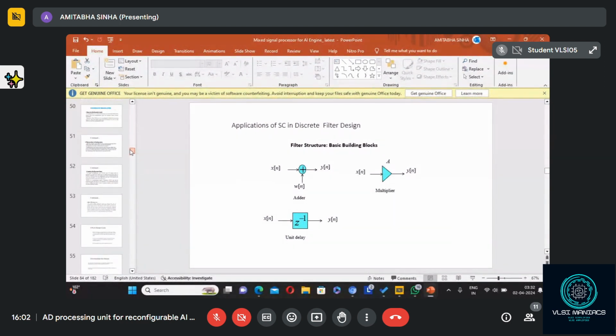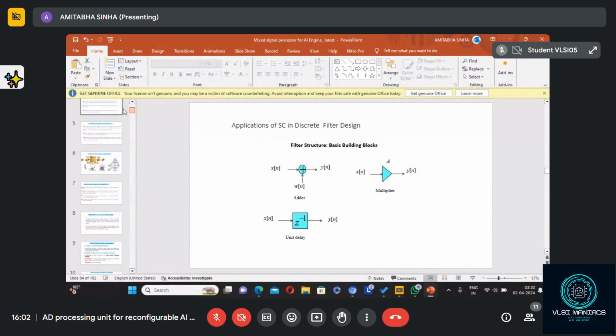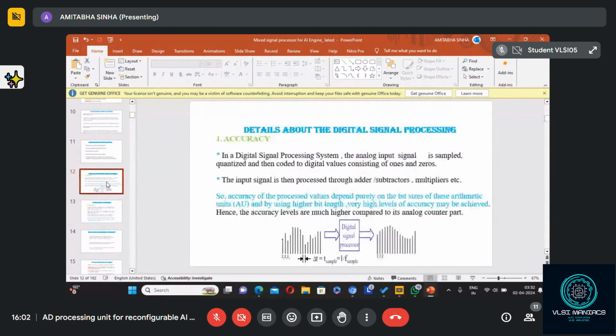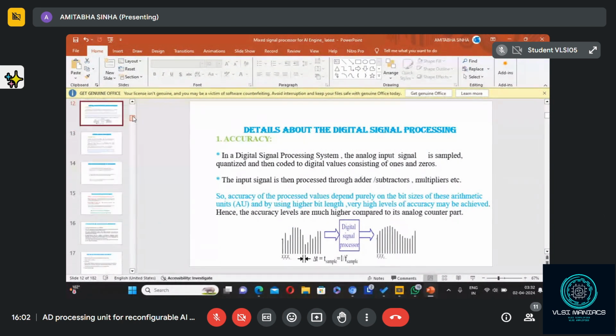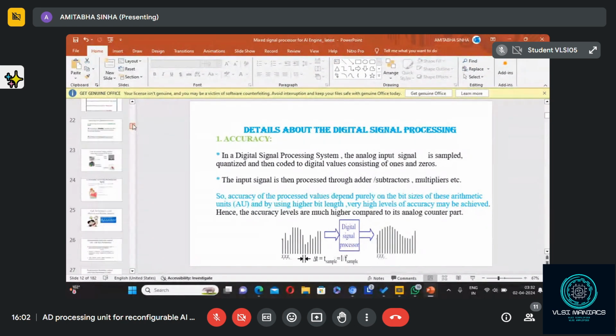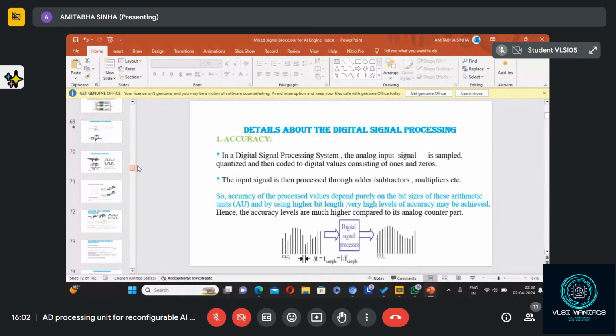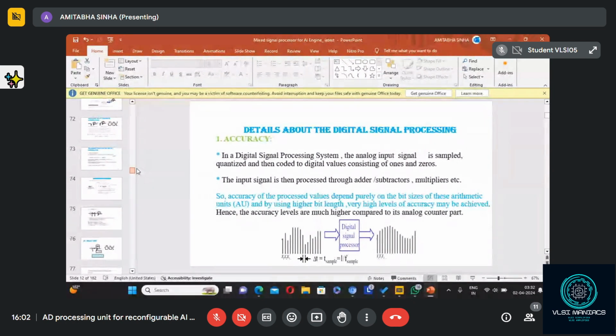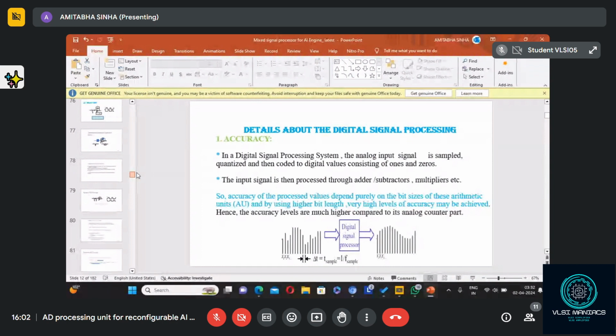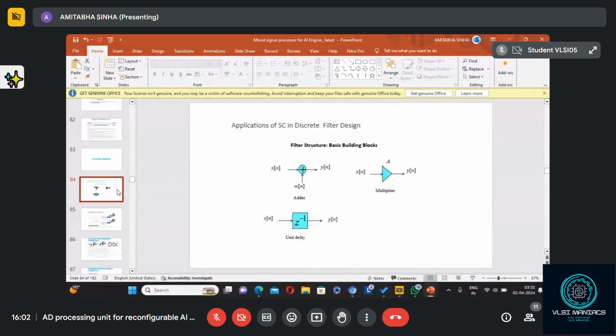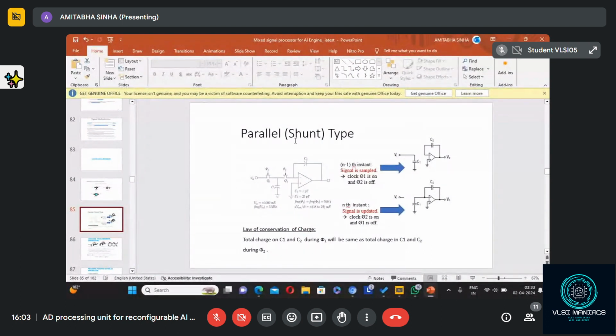Now I want 1 second. Let me bring it. And you know this continuous time signal will be sampled to get the discrete values like x0, x1, x2, etc. Now again, reviewing the switched capacitor circuits.